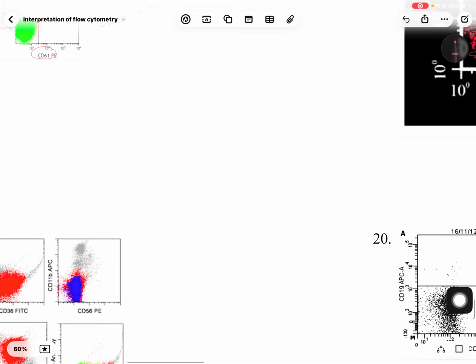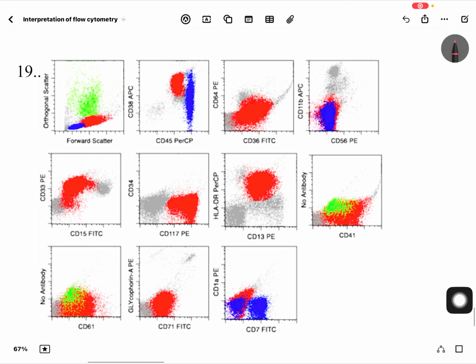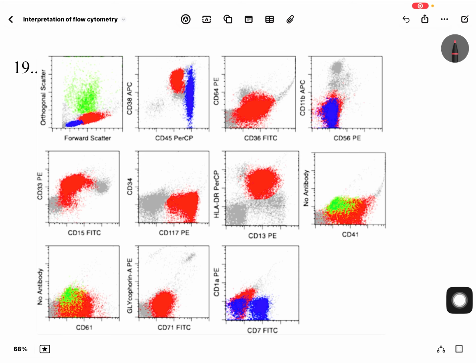Okay, moving on to the next one, in this, lot of markers. Just try to focus. Okay, forward scatter. Okay, divide it. You're not understanding anything. CD45 is present, common leukocyte antigen. Then CD38 is plasma. Okay, then here again divide.